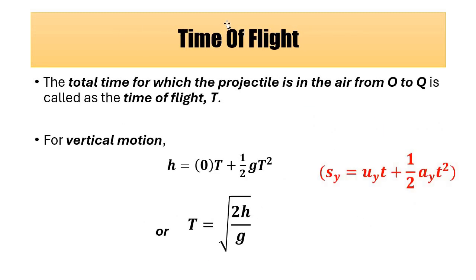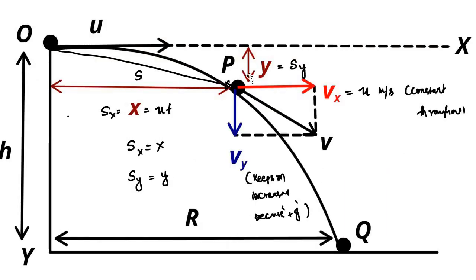Next parameter associated with projectile motion is the time of flight. The total time for which the projectile is in the air from O to P to Q until it reaches the ground is called the time of flight of the projectile.